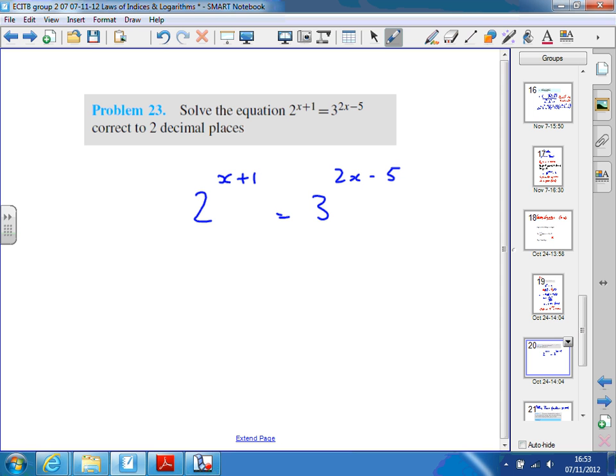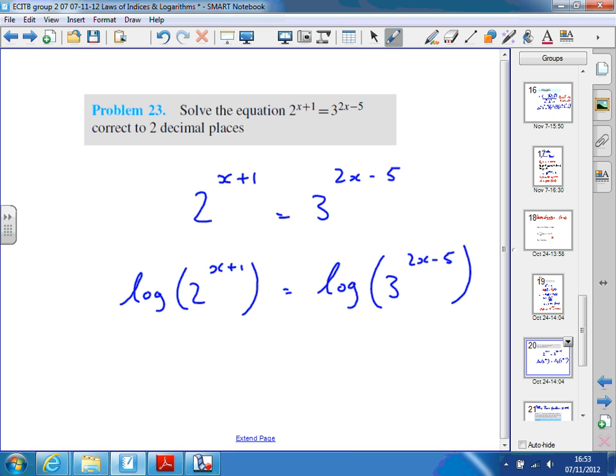So now I can write the logarithm of 2 to the power x plus 1 equals the logarithm of 3 to the power 2x minus 5. And because I've turned this into a power, I can bring the x plus 1 and the 2x minus 5 down and turn them into multiplications.